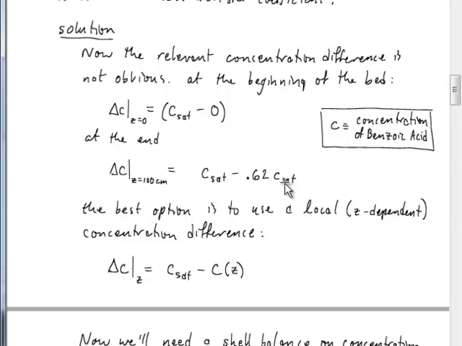So the best option in problems like this is to use a local mass transfer coefficient. That is, to use a mass transfer coefficient that multiplies the concentration difference at each location z. And what we hope is that we'll find that mass transfer coefficient does not depend on that concentration difference, right?